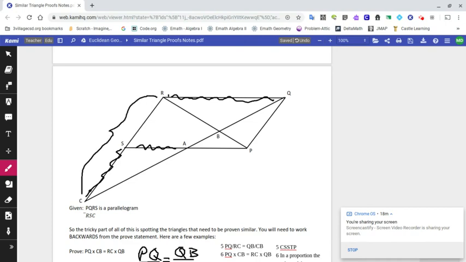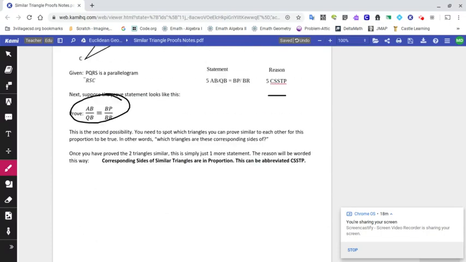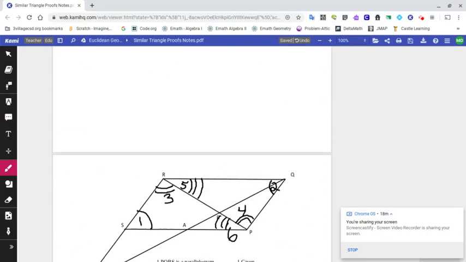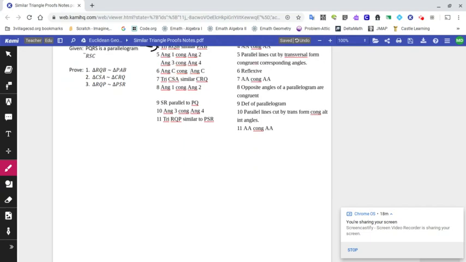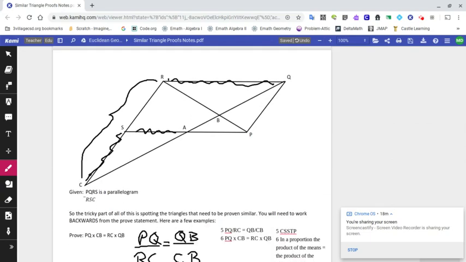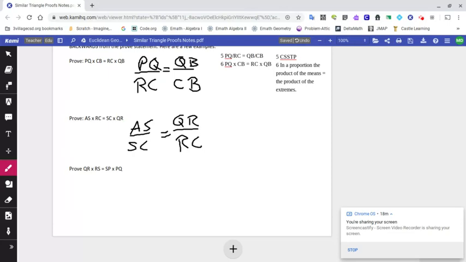Okay, so that's going to be those two triangles, ASC and QRC, which we did the proofs up here. We did prove those two triangles similar up here, using whatever statements corresponded to that. Okay, so suppose, again, let's say it took 5 statements this time because you had to do the parallel lines thing.